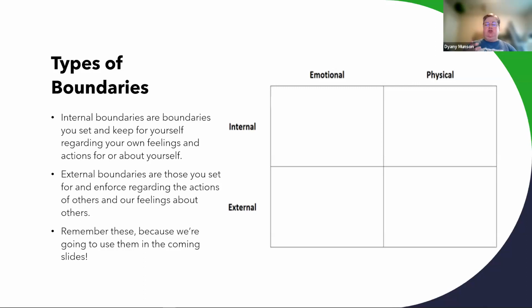External emotional, we went over that, but external physical will be, I'm not going to jump in and lend someone money or try to save someone from the consequences of their own choices. And that ties to the external emotional. If I don't feel responsible, then it's easier for me to not jump in and try to take away their power in a situation by cleaning up the consequences, because I can't stand to see them struggle. But struggle is a lot how we learn.